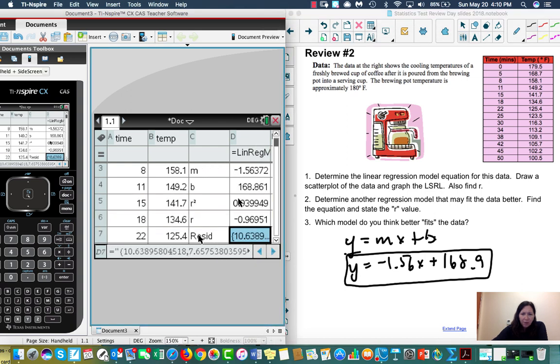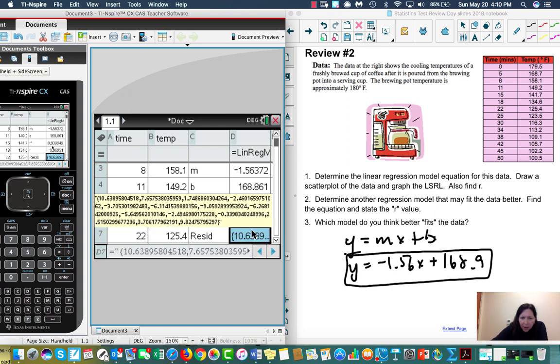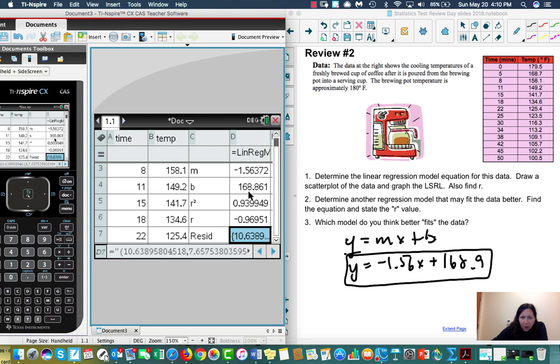My R value is 0.9, or excuse me, about 0.97, the square root of these numbers.